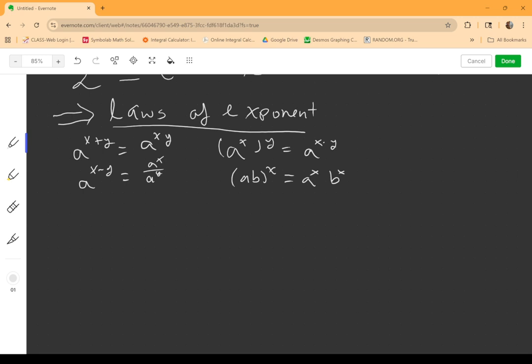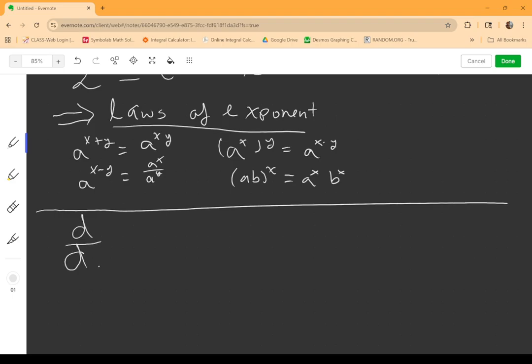Now, if we have this function, we're going to derive the derivative of it: the derivative with respect to x of a to the x.